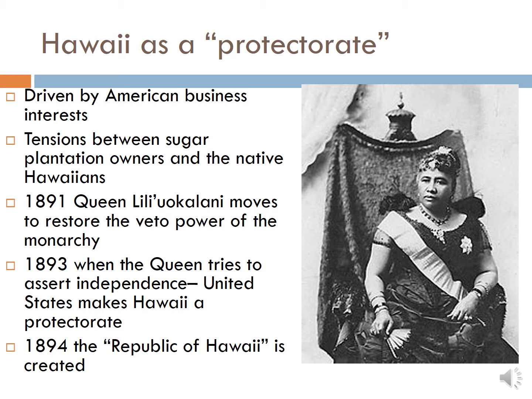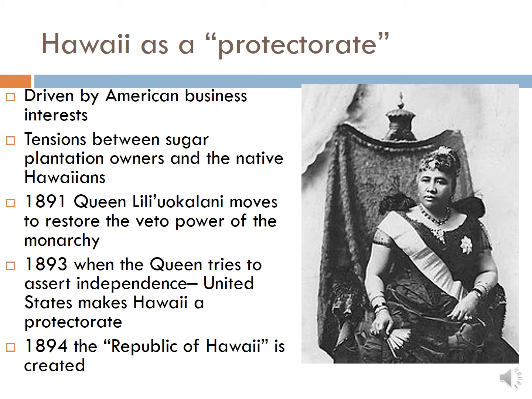And by the time we get to 1875, the United States has established a small naval presence on the island of Oahu at Pearl Harbor. So Pearl Harbor, as a small Navy base for the United States, is established in Hawaii before Hawaii is even part of the United States in 1875.